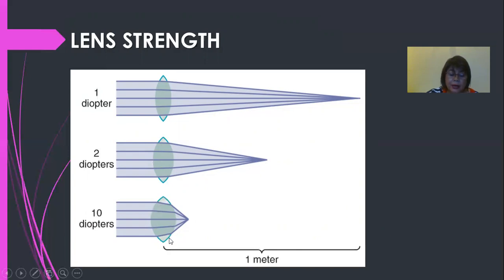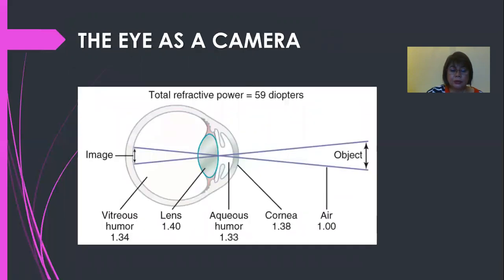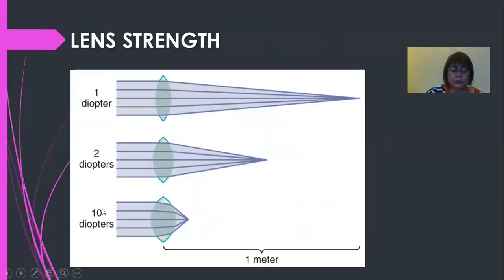Thicken it more, and it converges in a nearer focus point. So this is what you call the diopter. As you increase the thickness of the lens, you increase the diopter of the lens, or the strength of the lens.